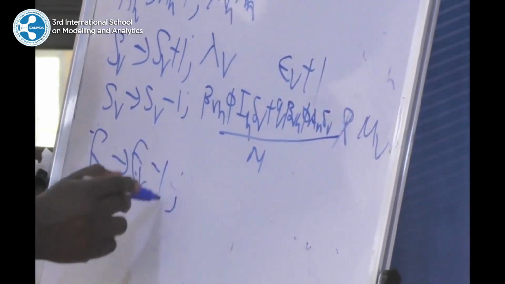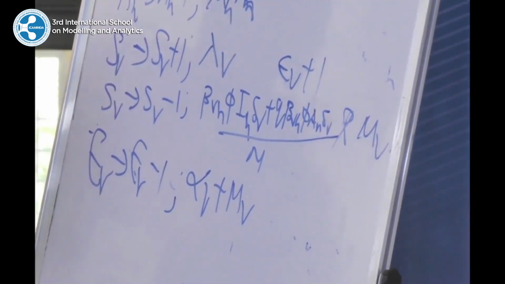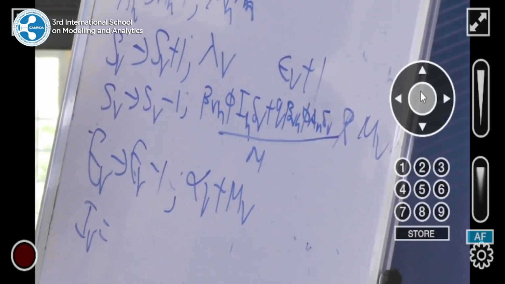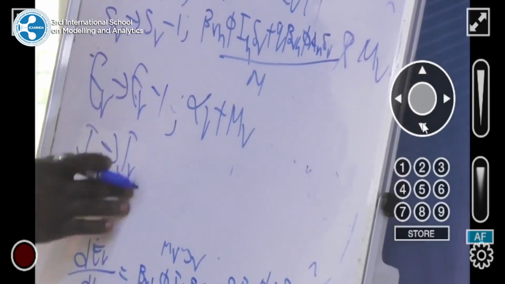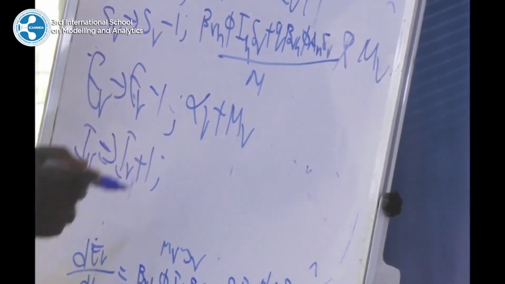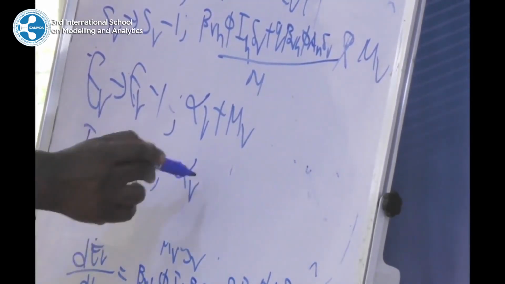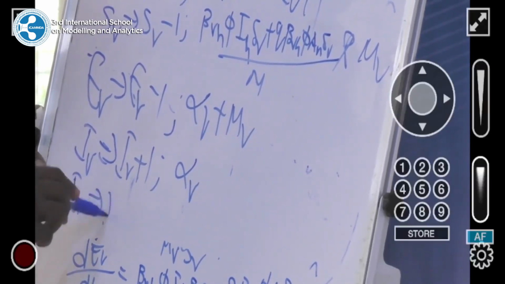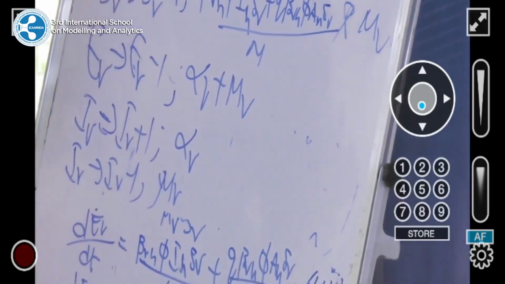It's going to be alpha V plus mu V. And then IV is going to be IV plus 1, will be alpha V, right? And then IV minus 1 will be what? Mu V. Okay.